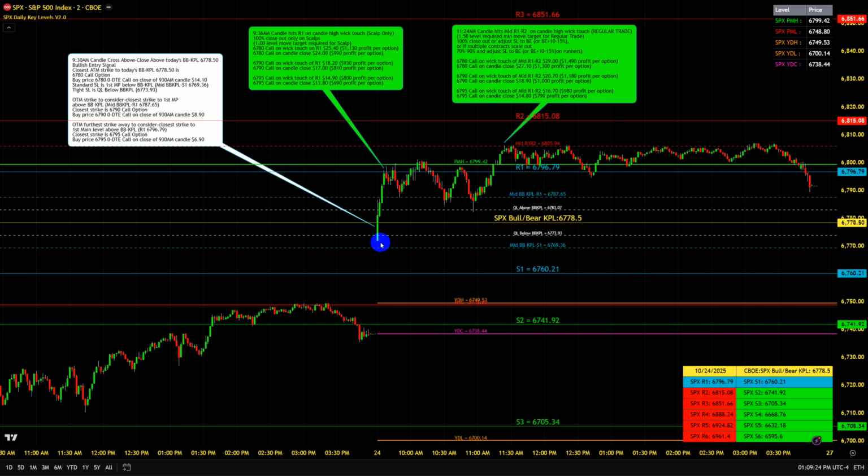And if that was the case, that it actually closed below the bull bear KPL, then that would have been a bearish entry signal. And instead, if we were taking the trade off of the 9:30 a.m. opening candle, we would instead be looking at a bearish entry signal. But in this case, we have a close above.